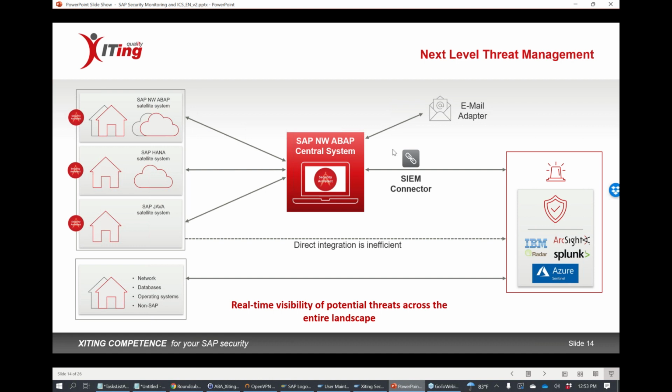Versus in our case, that's a predefined event, a pattern that we already have, and we only would pass on that pattern. So there would be one event coming to the SIEM system saying, hey, user assigned SAP_ALL in system so-and-so, rather than thousands of lines of data that need to be processed in the SIEM.